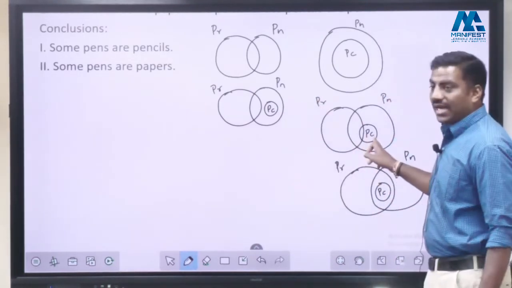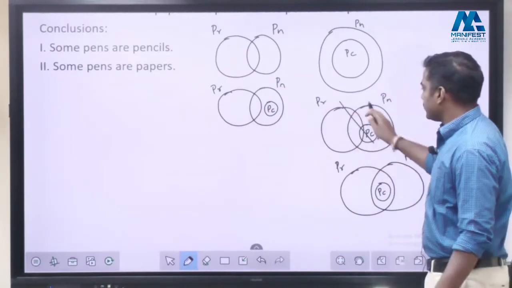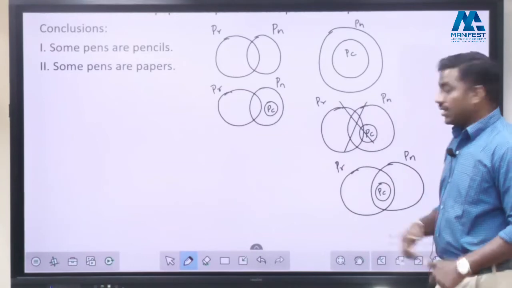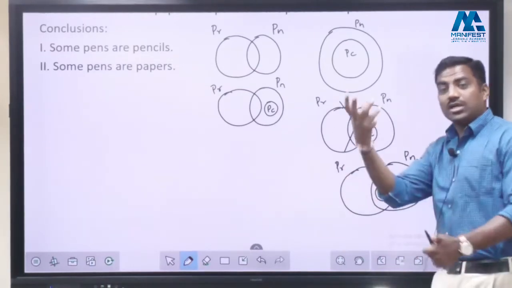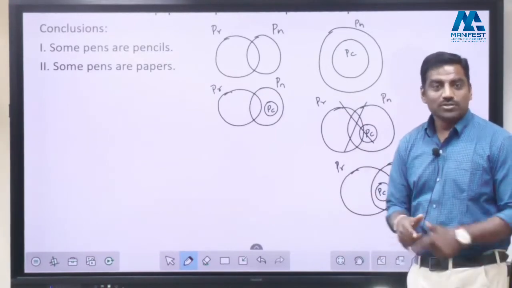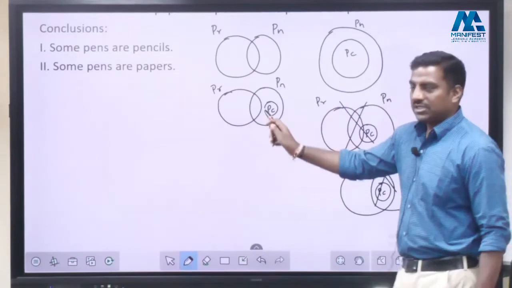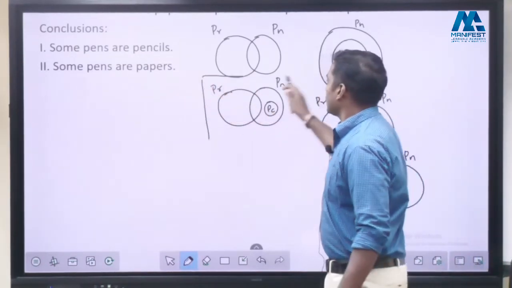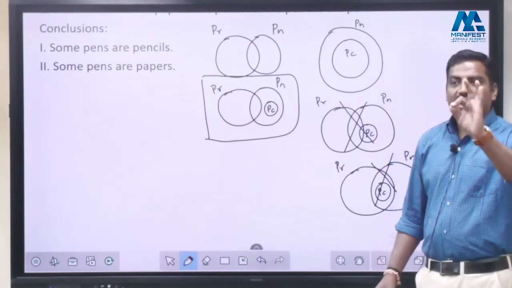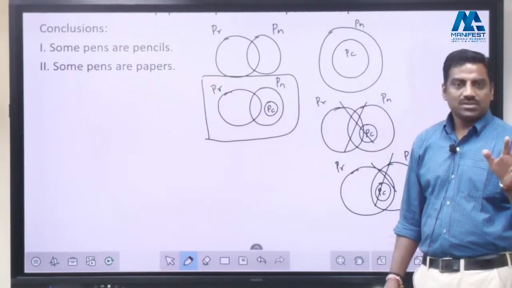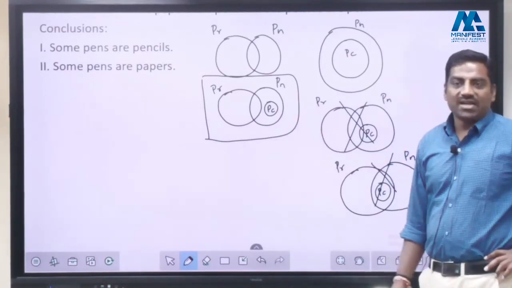Here, I tried to overlap with PR. That is unnecessary. This is not required. Here, being over smart, I have put it into the circle of this one. That is also not needed. Which is the most basic diagram for us? This one. We don't want anything extra. Don't try to create unnecessary relations. Only necessary relations. So this is the most basic diagram of this one.